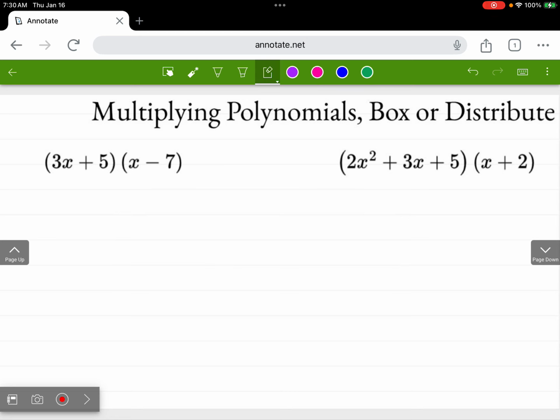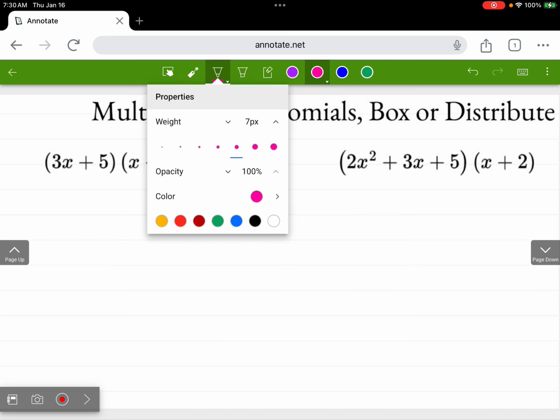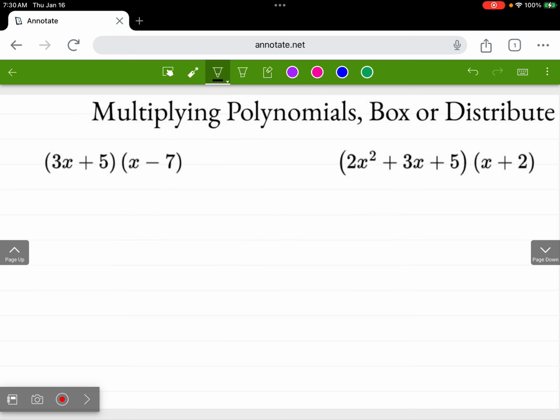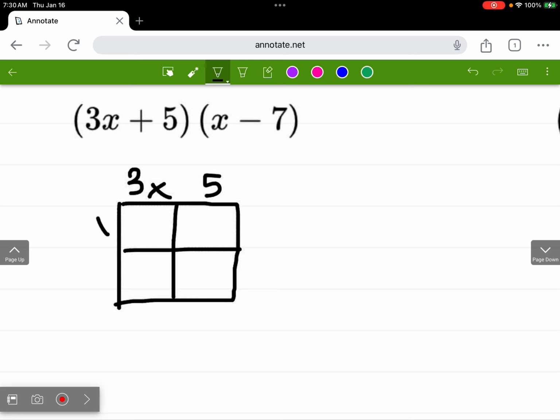On this first one, I am going to do both at the same time so we can see what's happening. It's doing the exact same thing, but it's just going to make us see things clearer. So if you are somebody who likes to box multiply, we put our box with our little pieces. We break it into pieces like this because I have 2 pieces here and 2 pieces here. So we would have our 3x plus 5 and our x minus 7.